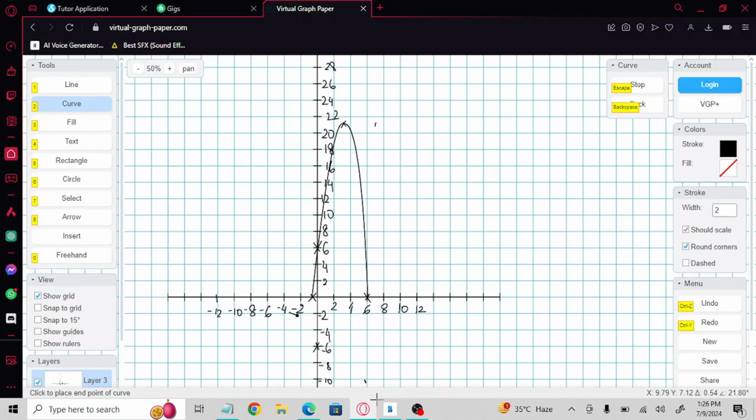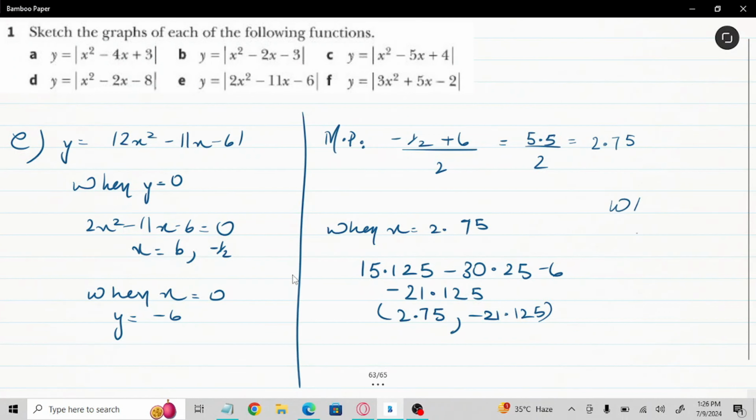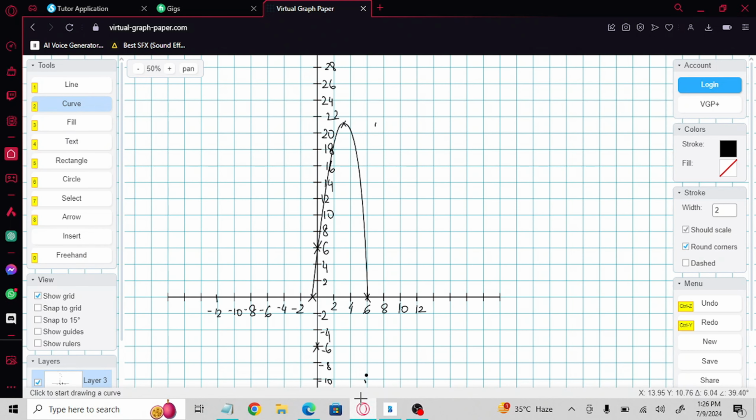And the thing is, you can also plot another point. For example, when x is equal to -2, we have -2 squared, which is 4, 4 times 8... which will be 8 plus 22 minus 6. That is 24. Do I have 24? Yes.